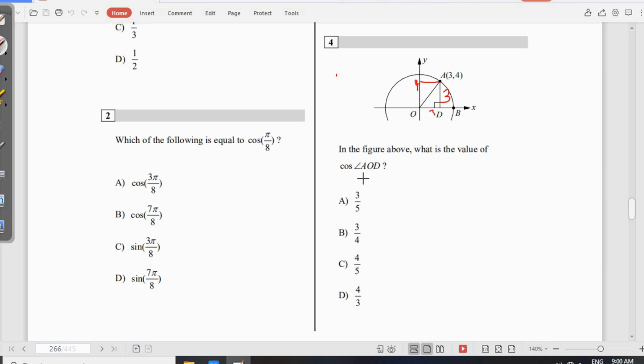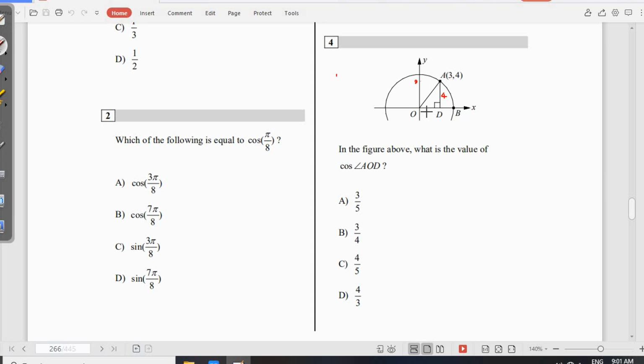Okay, so what is the value of cos AOD? This is the angle here, AOD. We need the angle. Cos is adjacent over hypotenuse. Sorry, I flipped that.